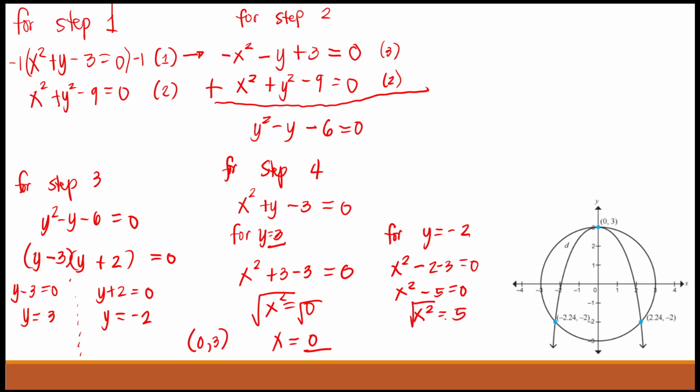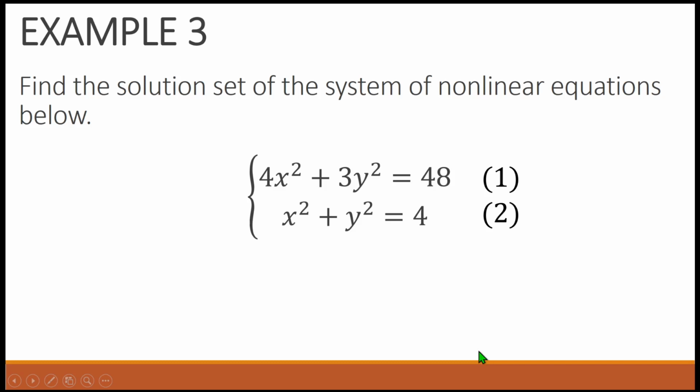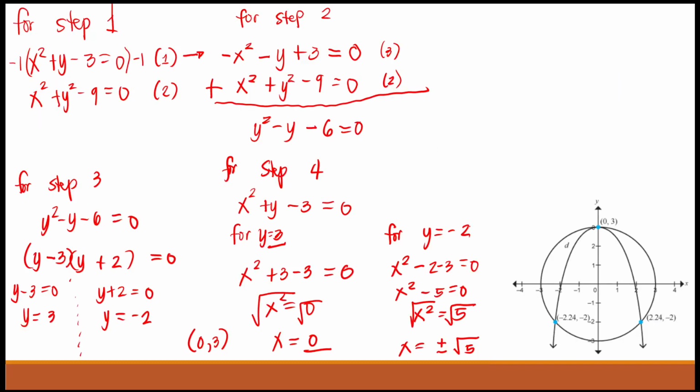Take the square root, and we get x equals positive and negative square root of 5. So when y equals negative 2, we have two values for x. We have positive square root of 5, and we also have negative square root of 5.